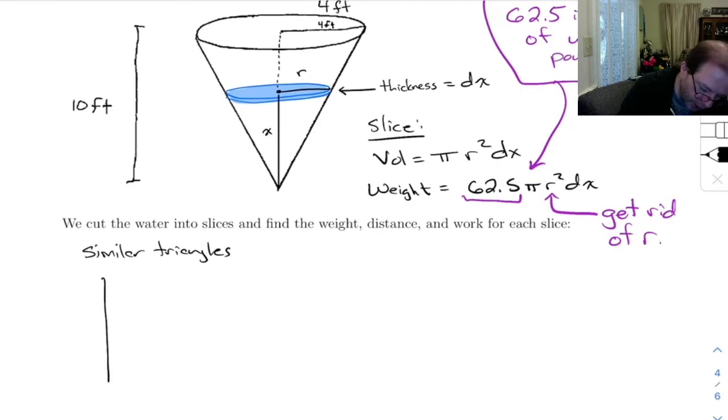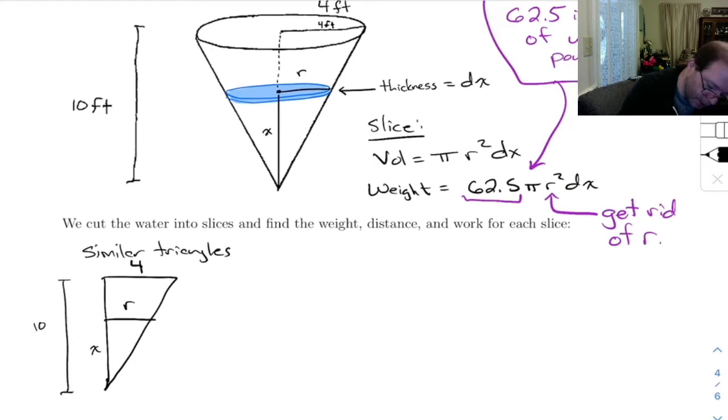I'm going to redraw it over here. This is 4, this is r, this is x, this whole thing here is 10. So r over x is equal to 4 over 10.